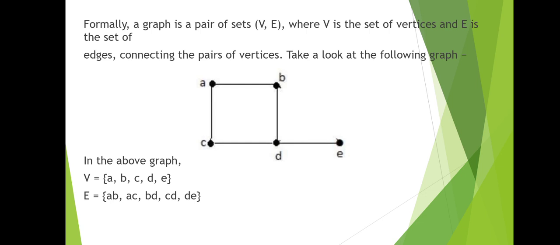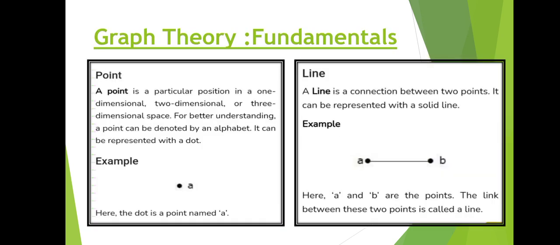Take a look at the following graph. Here V, that is the vertices, is equal to {a, b, c, d, e}, whereas E, the edges, are ab, ac, bd, cd and de. Now, what are the fundamentals of graph theory?